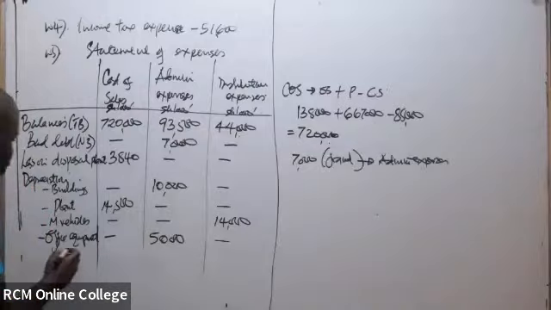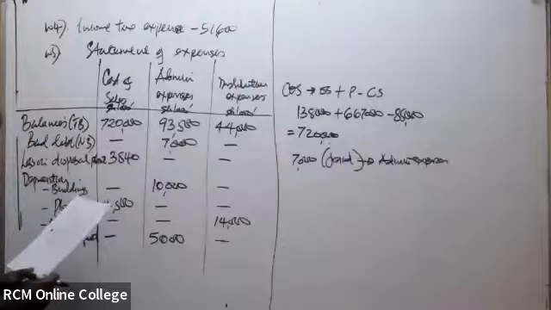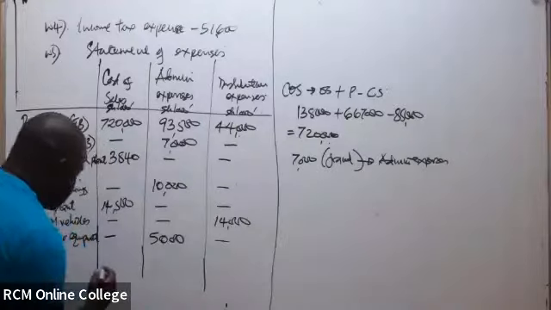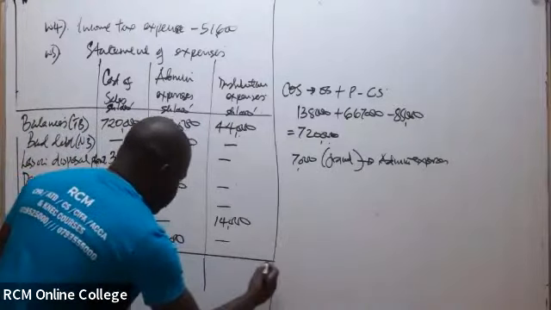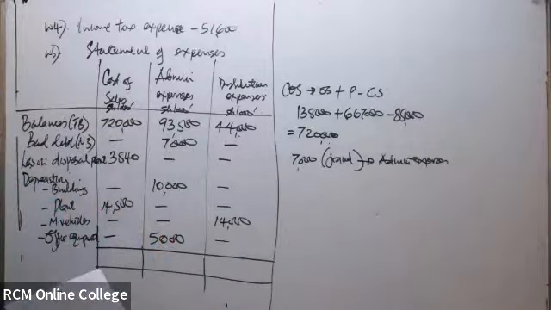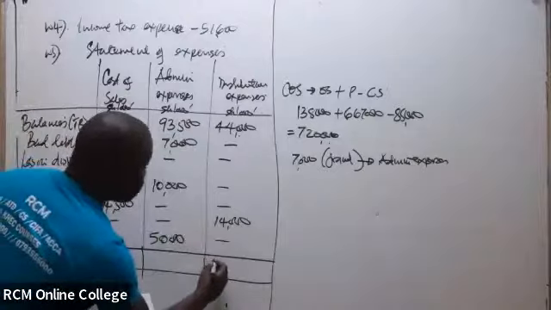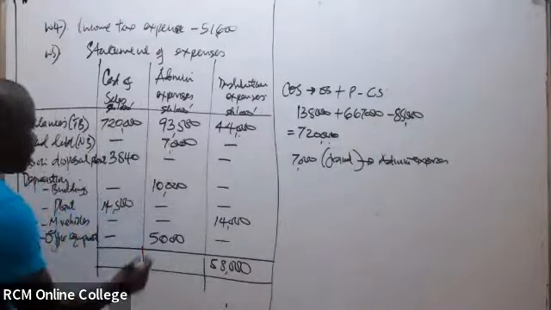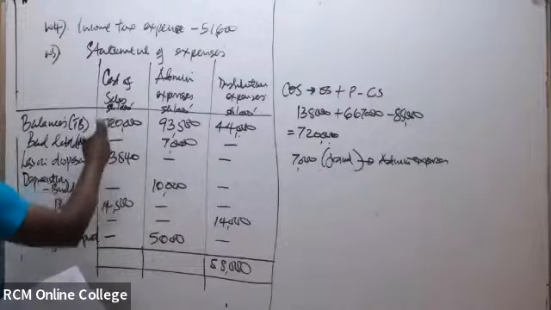So we can try to add. I don't think there's any other item that will affect these particular expenses. So we can add and see how much we get as our totals. This one is 58 million. What about cost of sales?